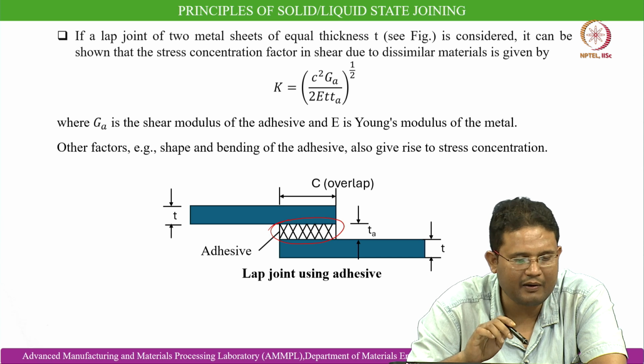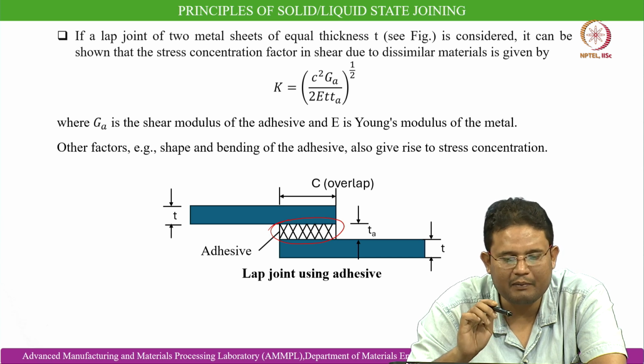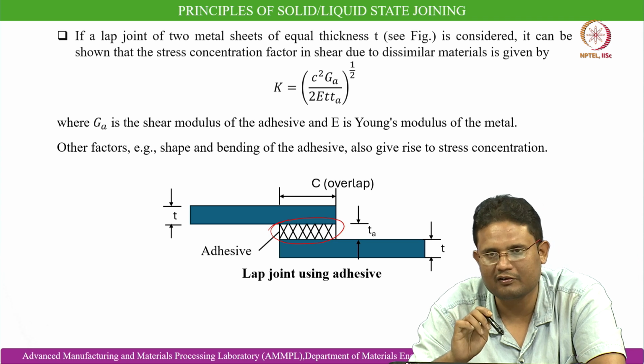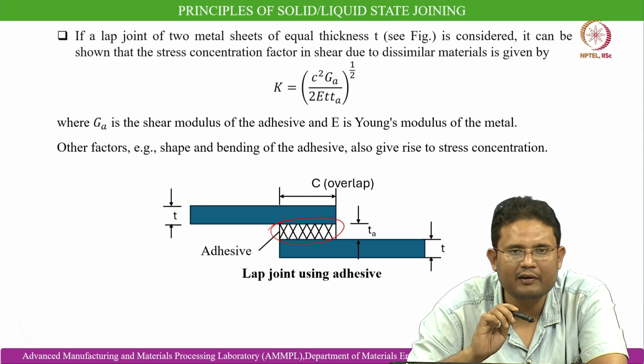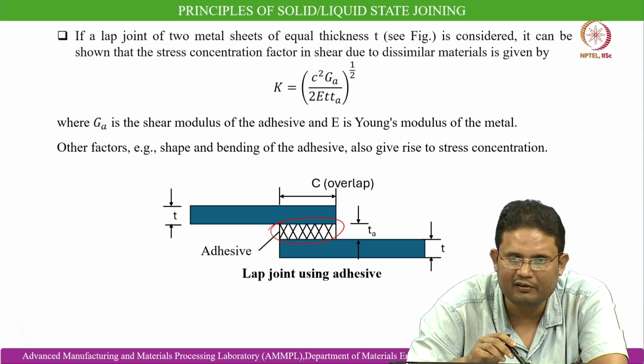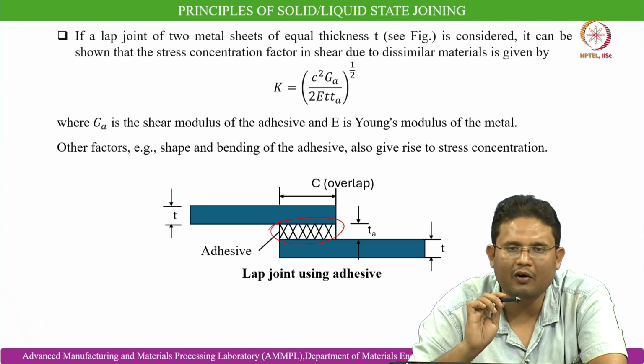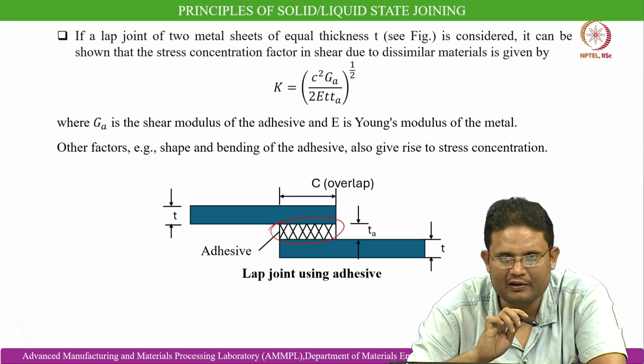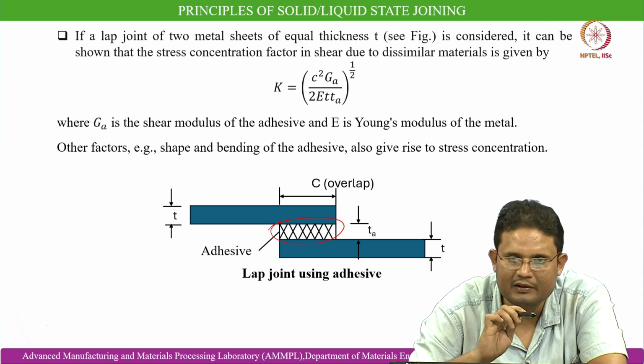The shape and bending of the adhesive also give rise to stress concentration, and as the stress concentration in the adhesive layer increases, it decreases the structural integrity and the longevity of the joint.